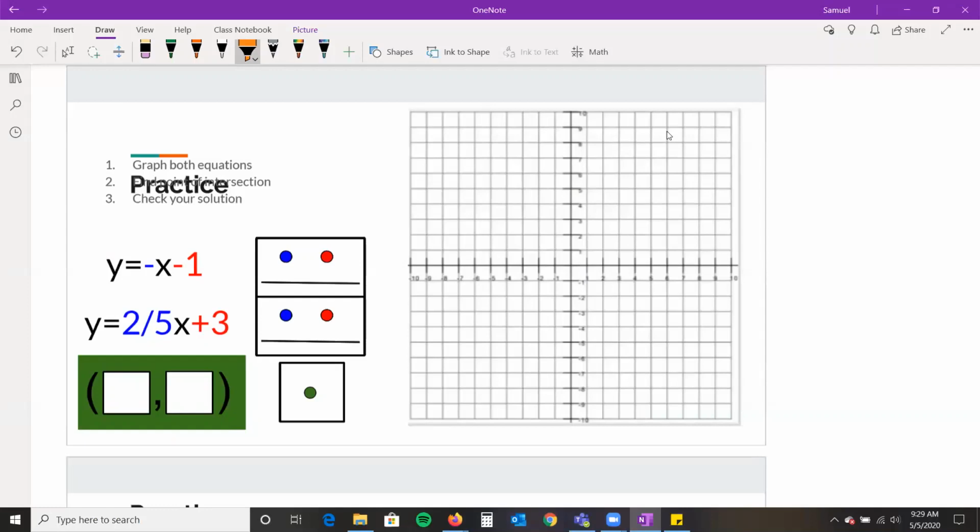What do you guys want to do? In the chat, you can type what you think. You can just say together if you want us to do this one together, or alone if you want to do it alone, and then we'll check it together.